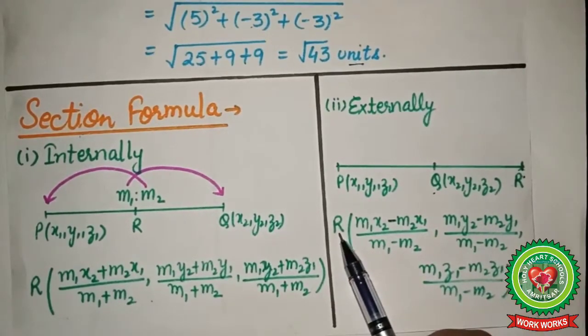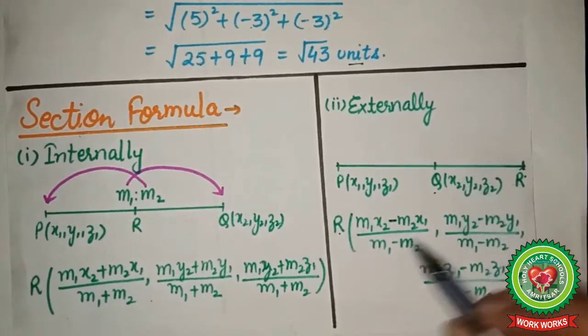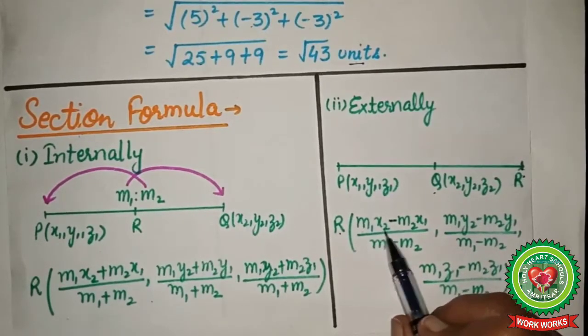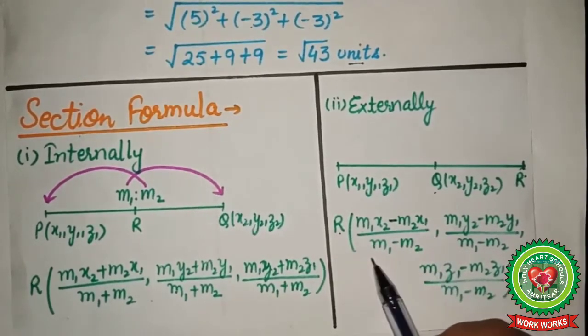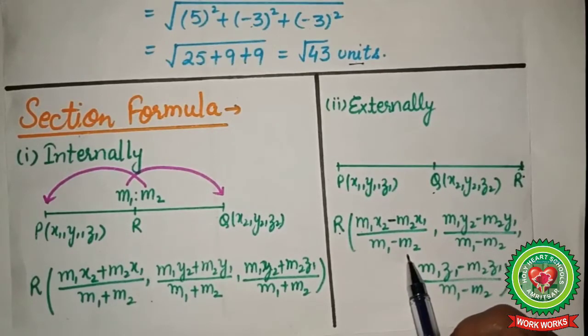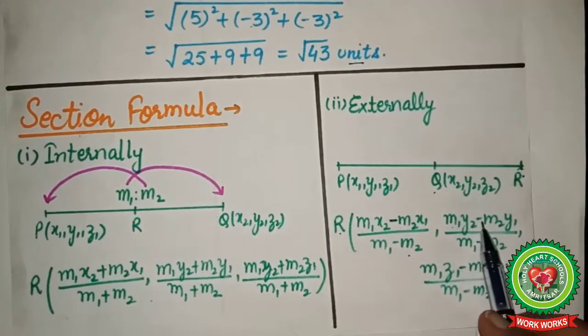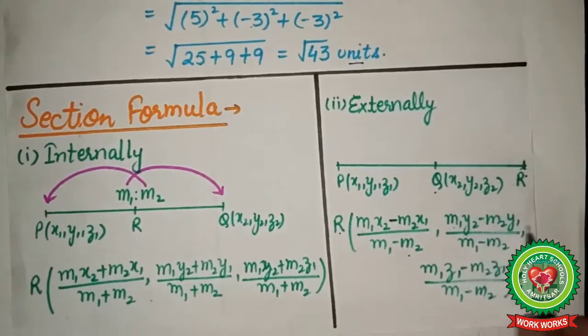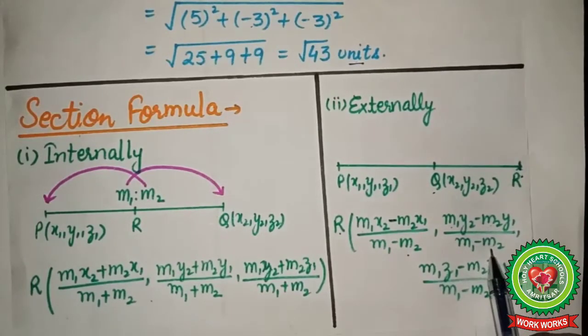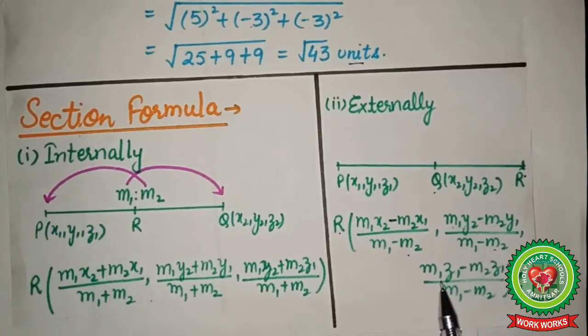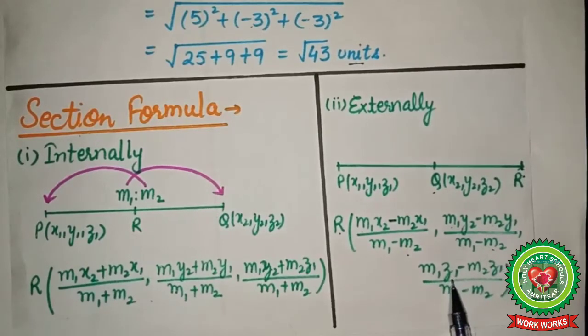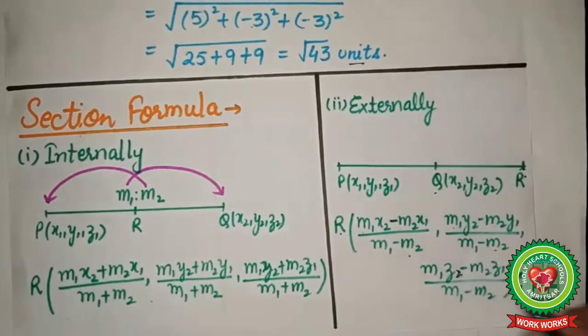So coordinates can be written as same here, that is m1 x2 minus m2 x1 upon m1 minus m2. Second, m1 into y2 minus m2 y1 upon m1 minus m2. And third coordinate as m1 z2 minus m2 z1 upon m1 minus m2.